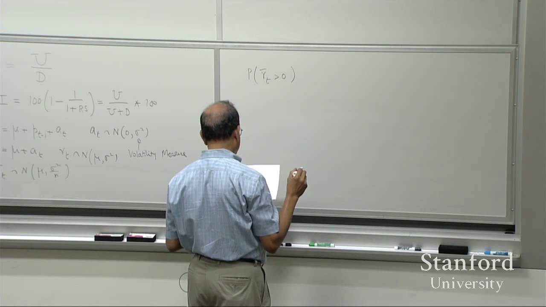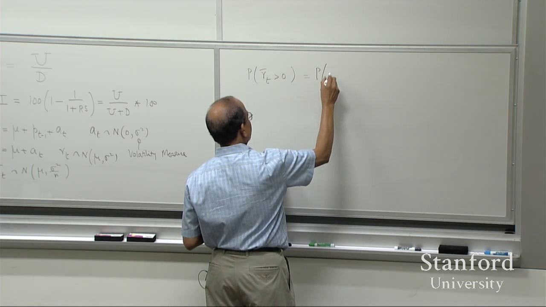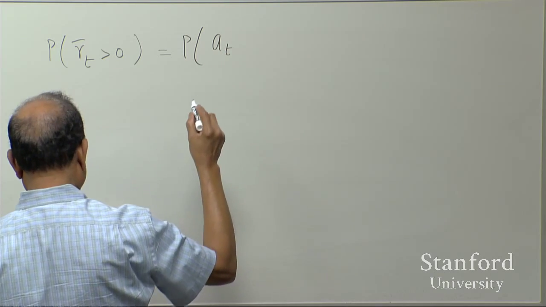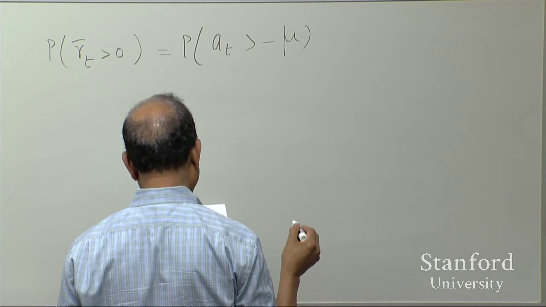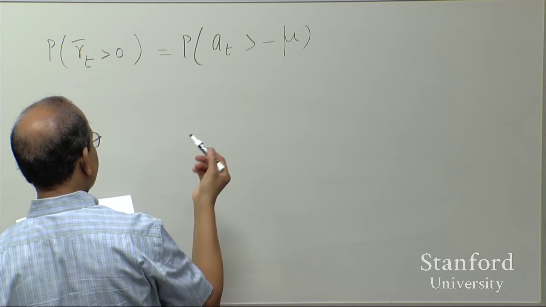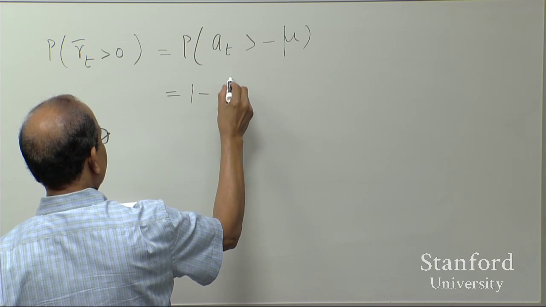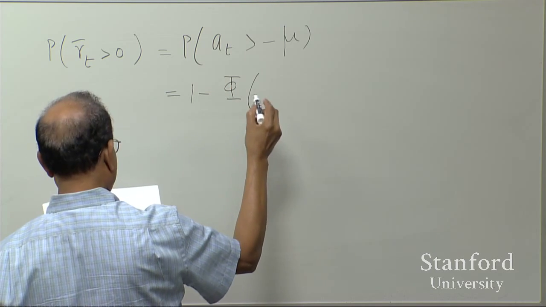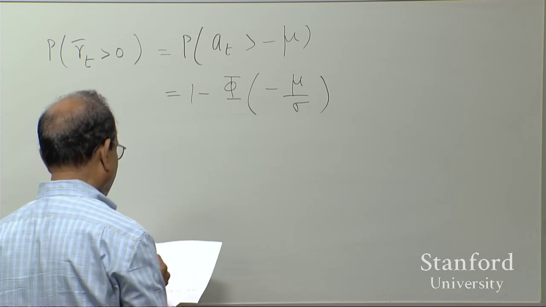If you go through this calculation, you can show that this is the same as saying probability of a_t is greater than minus mu. So if we standardize this quantity by sigma, this is the same as saying 1 minus Phi of (minus mu over sigma).